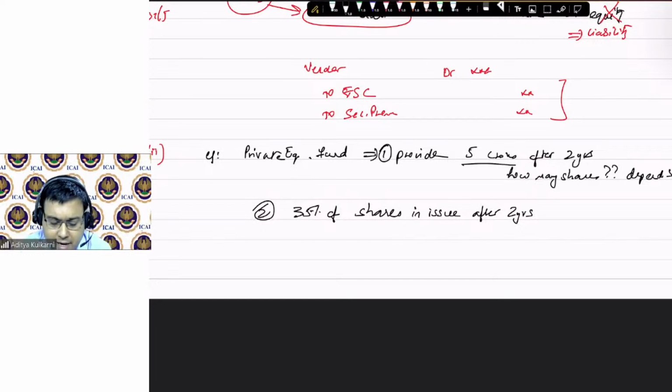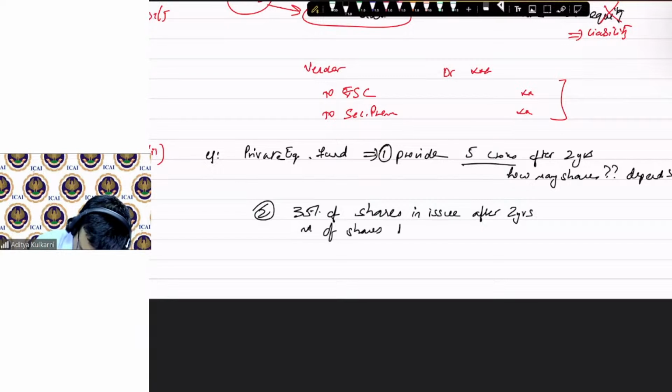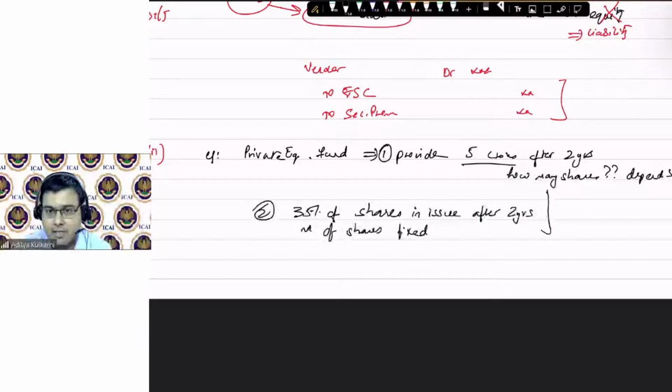Okay. So depending on the profitability, all right, 35%, or you can keep the number of shares fixed. But pricing will change depending on the value after 2 years. Okay. So is it still in the nature of a liability?